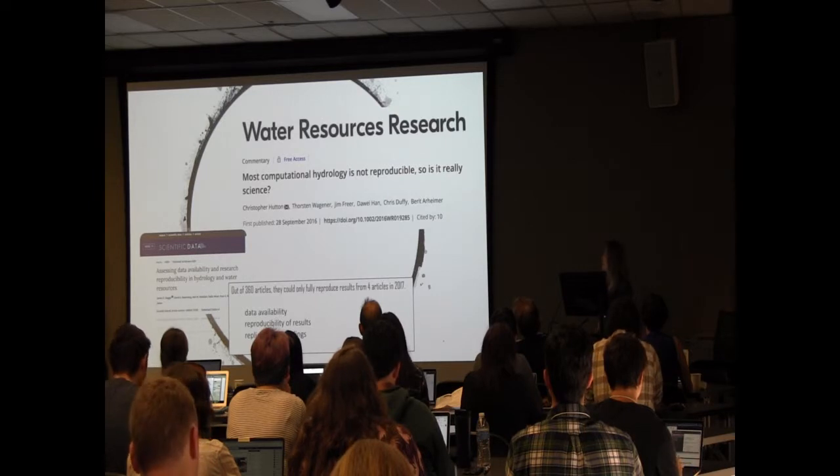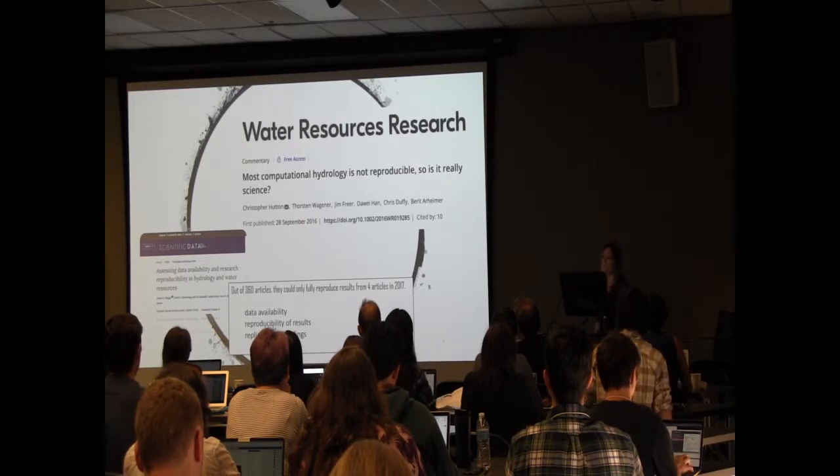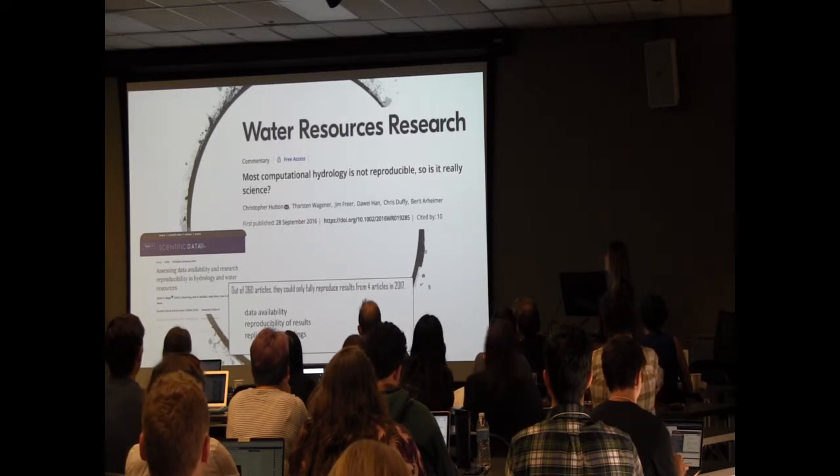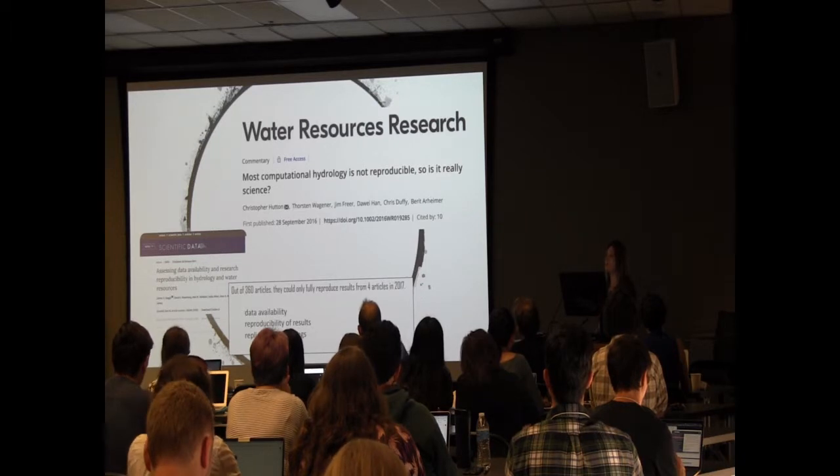And this Nature paper looked at 360 articles from 6 well-regarded water resources journals, and they tried to reproduce the results, but they were able to reproduce the results from only 4 papers that were published in 2017 out of 360.